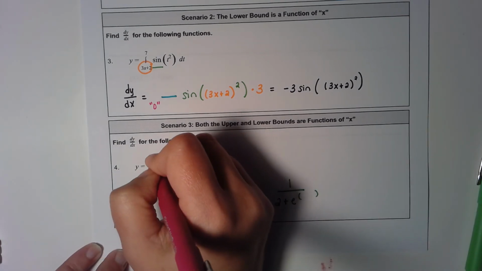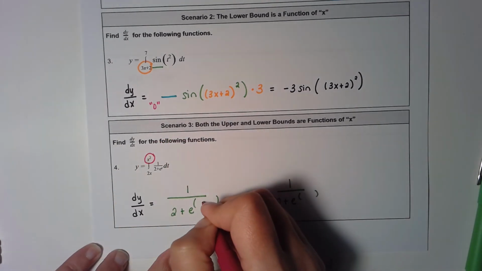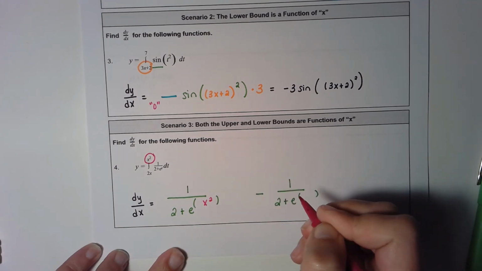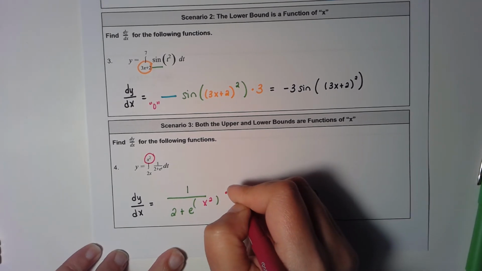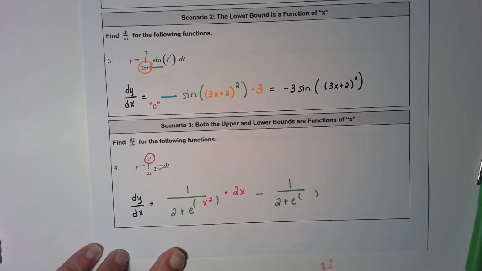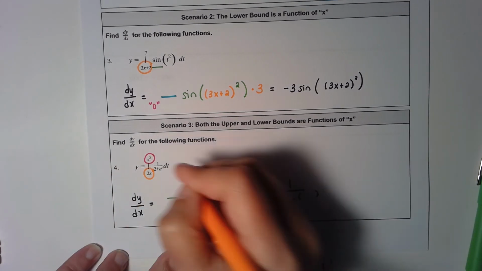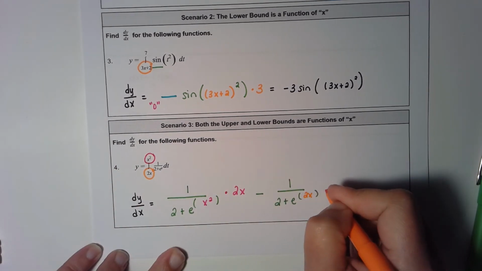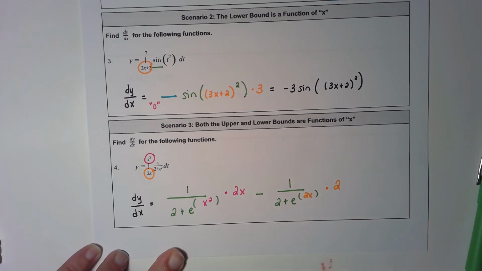You're going to drop in your top bound first, so it's going to be x squared, and then times the chain, so 2x. And then you're going to drop in your bottom bound second, so it'd be 2x, and then times the chain, which is 2. So it's just keep the original function, drop in the bounds, and do the chain rule.